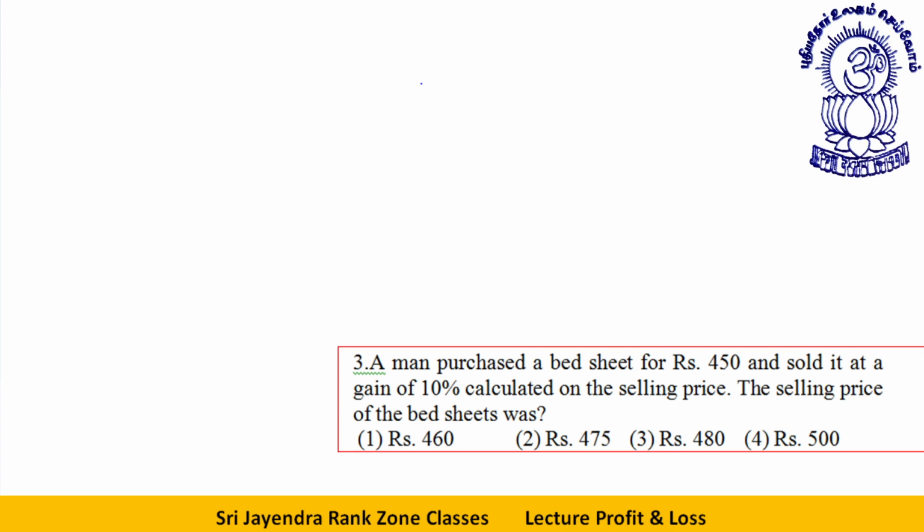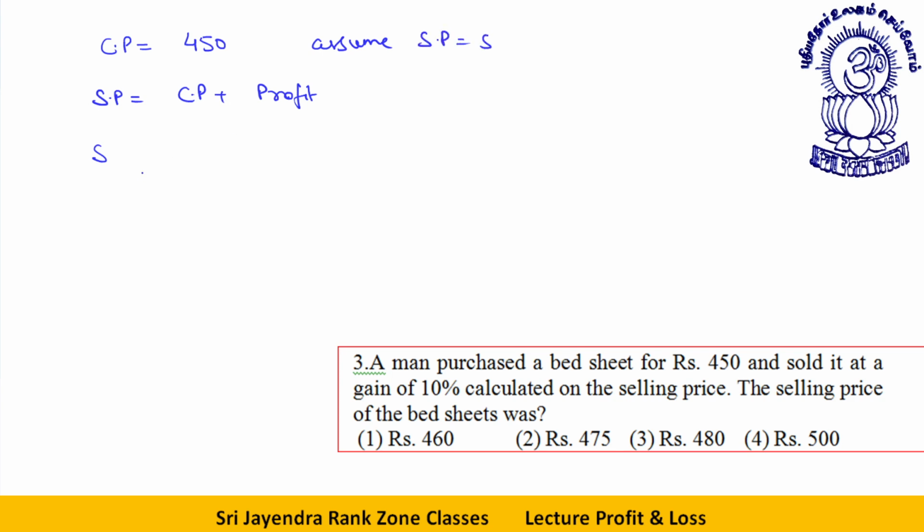A man purchased a bedsheet for rupees 450 and sold it at a gain of 10% calculated on the selling price. The selling price of the bedsheet was what? What is the CP? CP is 450. What is SP? SP is CP plus profit.